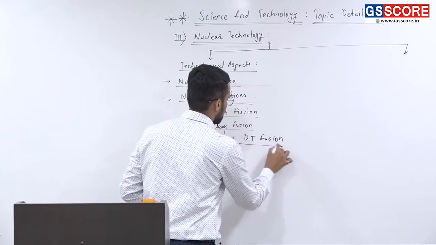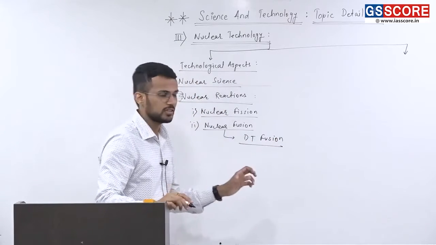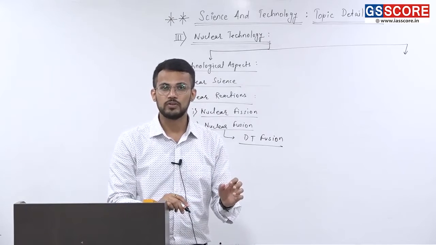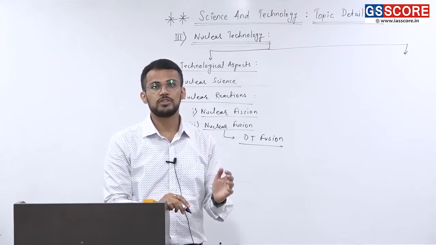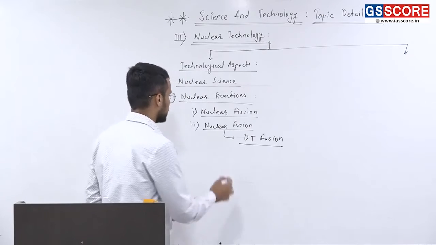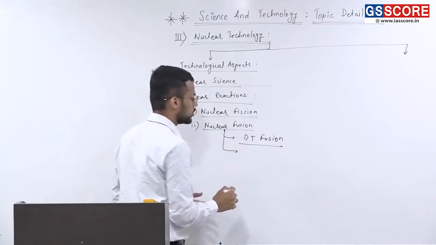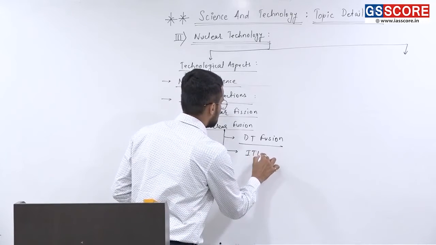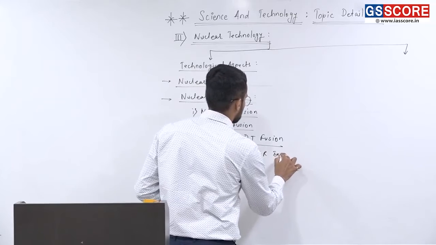DT fusion means deuterium and tritium fusion reaction that we carry out in laboratory under high temperature and high pressure conditions. And related to nuclear fusion reaction, you must also be aware of ITER experiment.